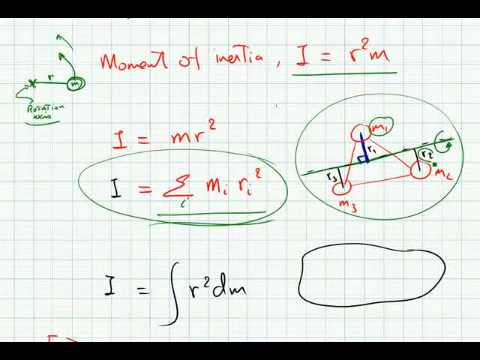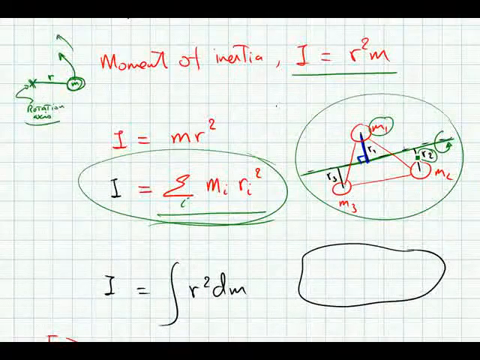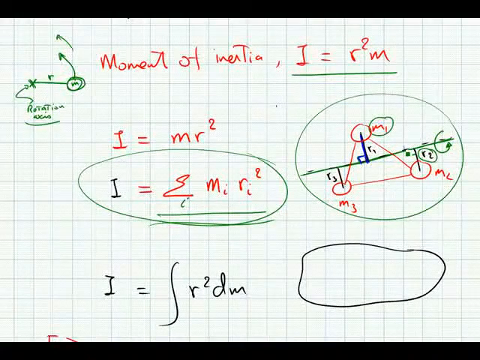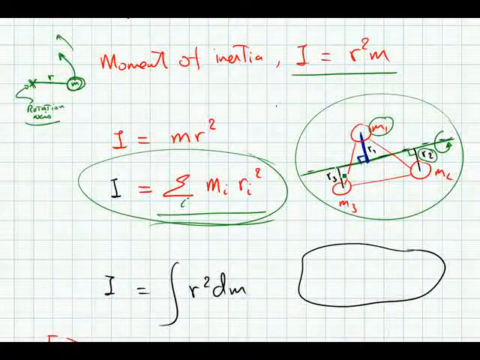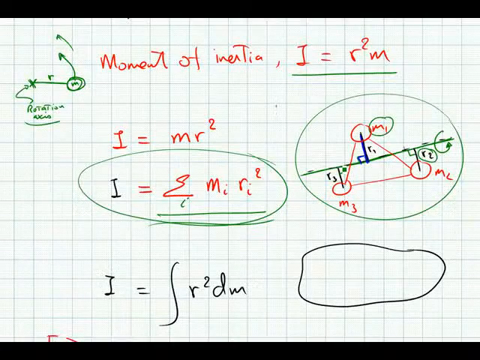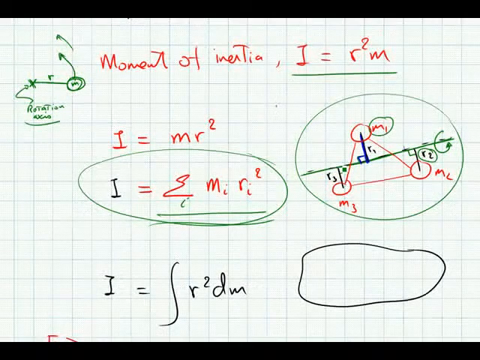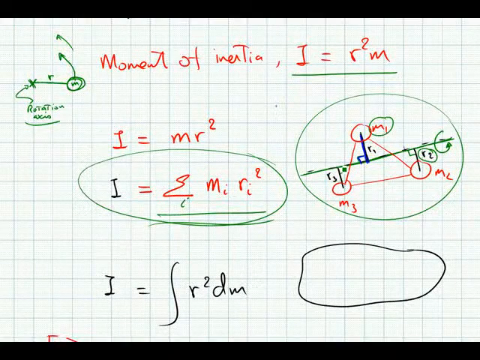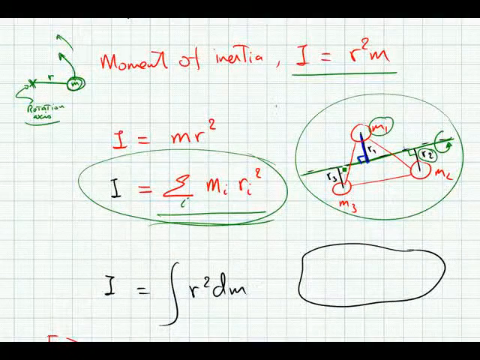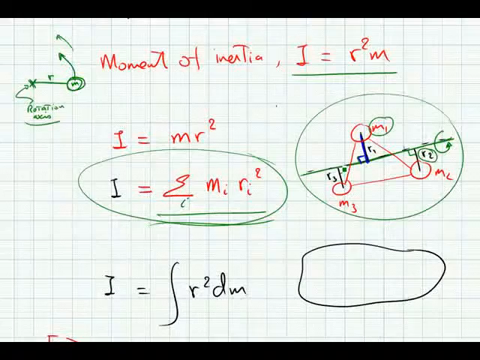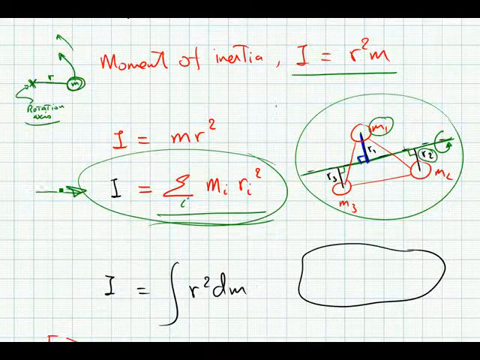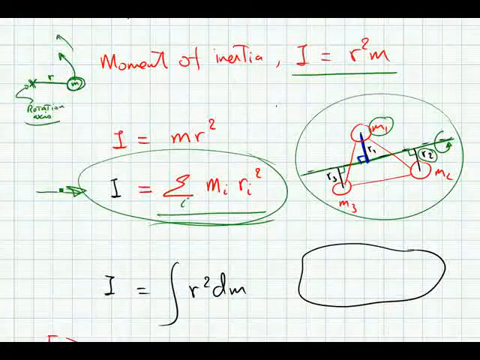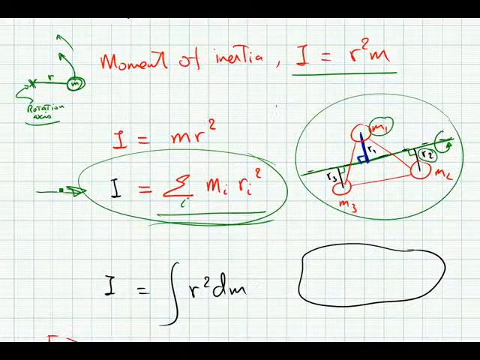Similarly, r2, the moment arm for m2, is the perpendicular distance from m2 to the rotation axis, and r3 is the perpendicular distance from m3 to the axis. So you need to figure out each moment arm carefully, and then use this expression right there to calculate the total moment of inertia for the extended body.